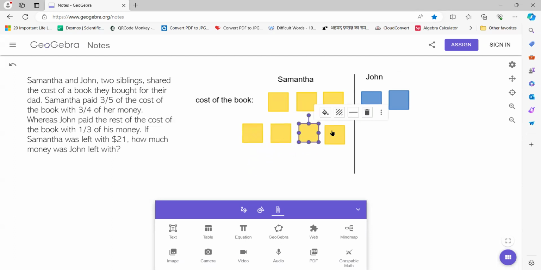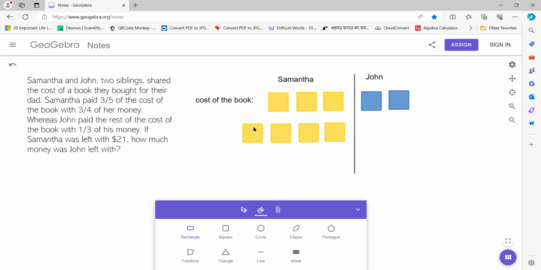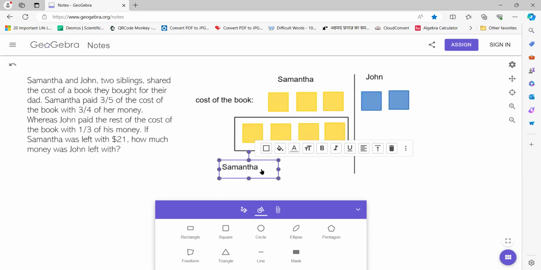Let's write it down properly. Samantha's original amount. All right, so far so good, I hope.